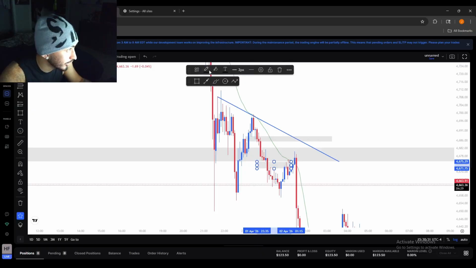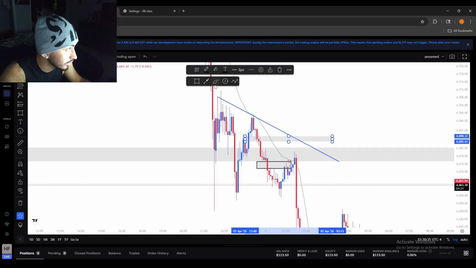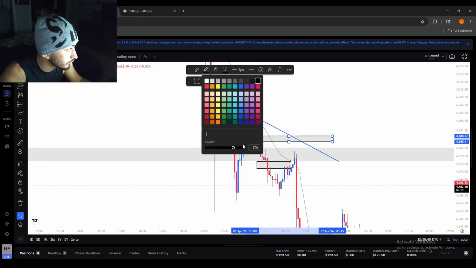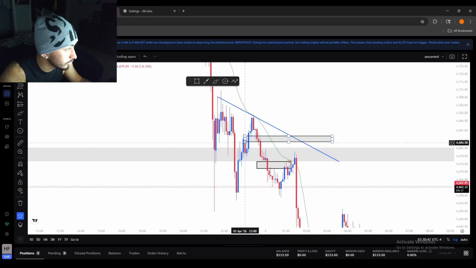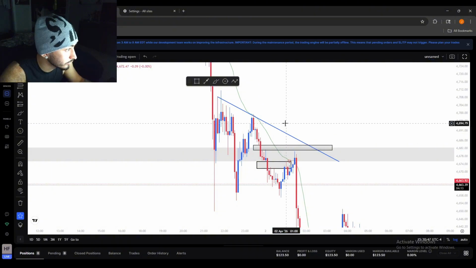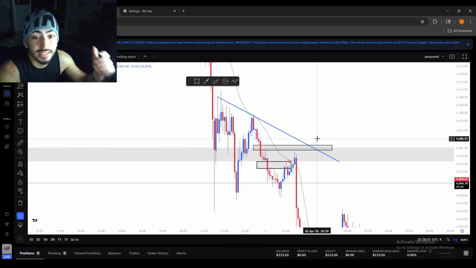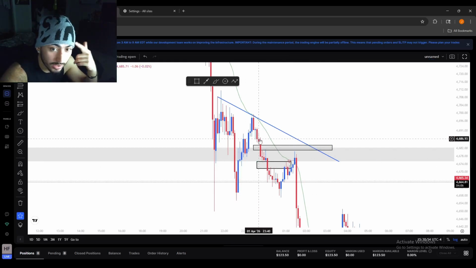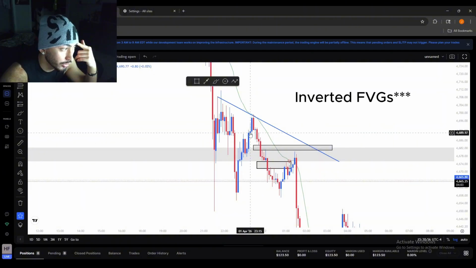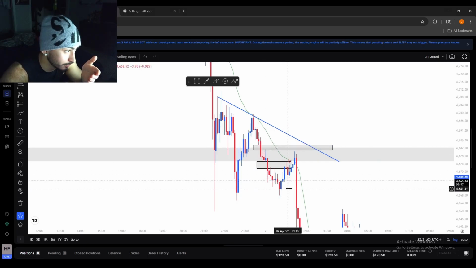And to make it cleaner, we're gonna go ahead and add the lines. You guys can clearly see where the fair value gaps are. So boom. So this one and this one over here. We already see, okay, it disrespected the bullish fair value gaps, therefore creating inversions, and then also created bearish fair value gaps as it pushed back to the downside.